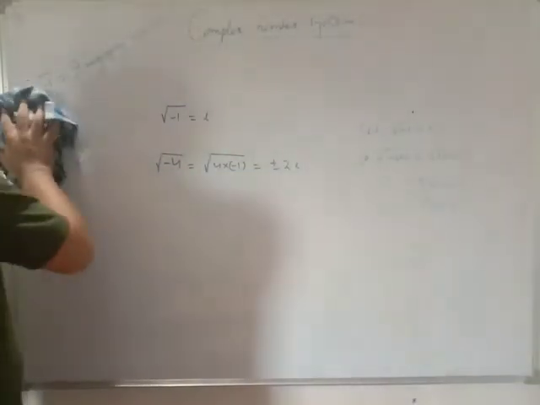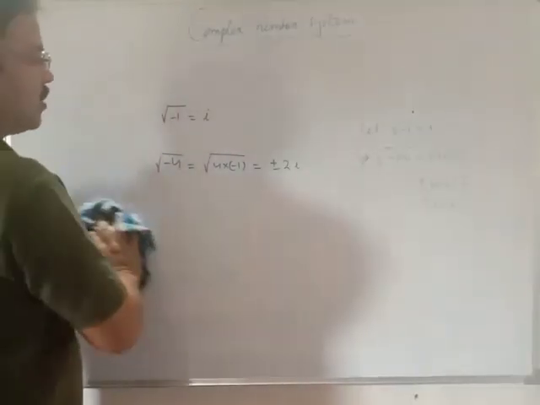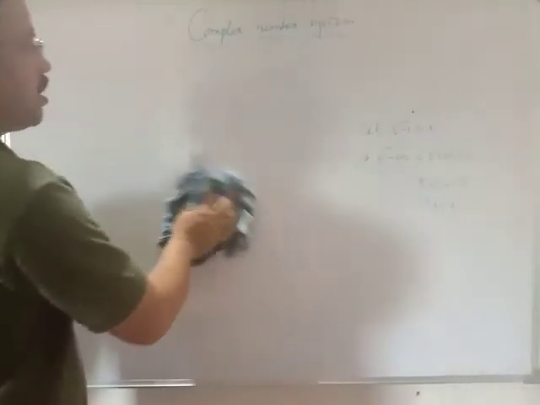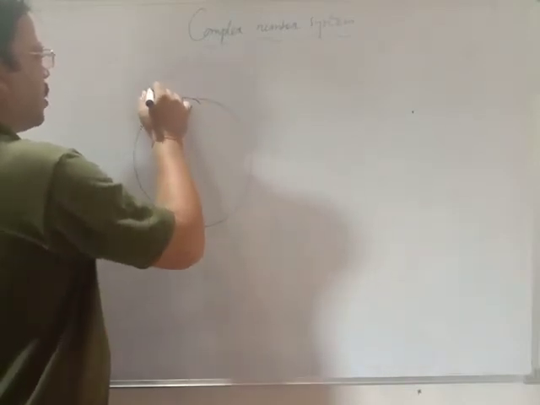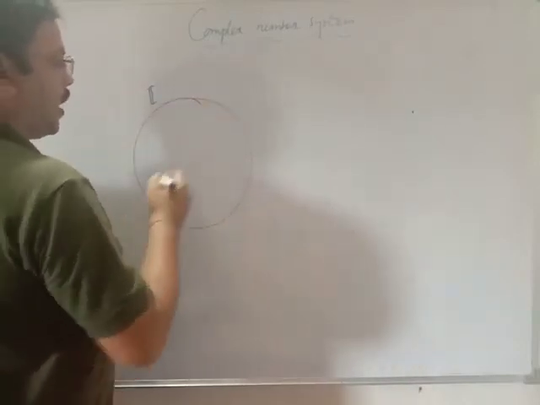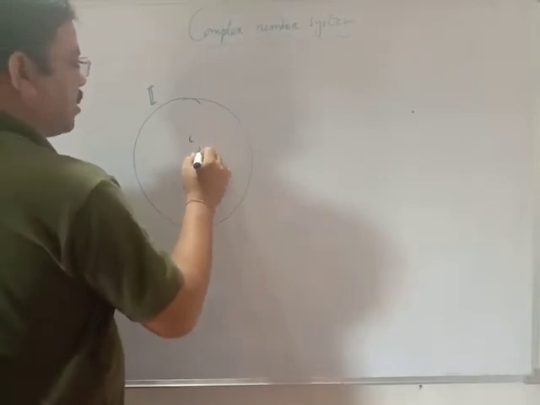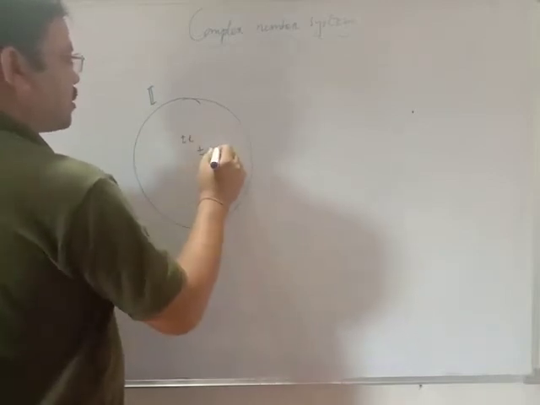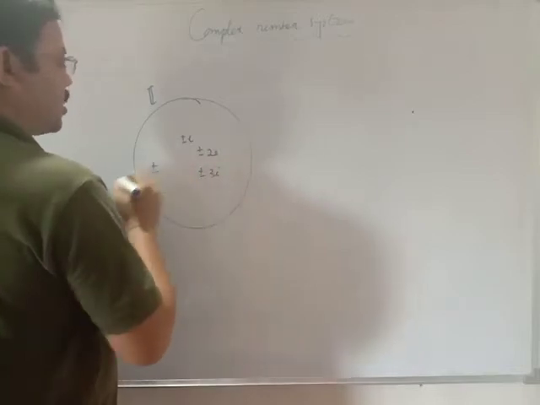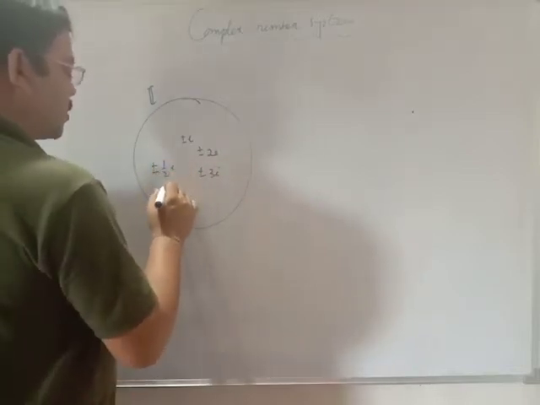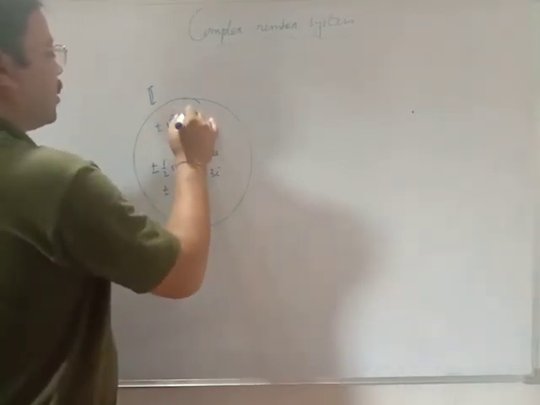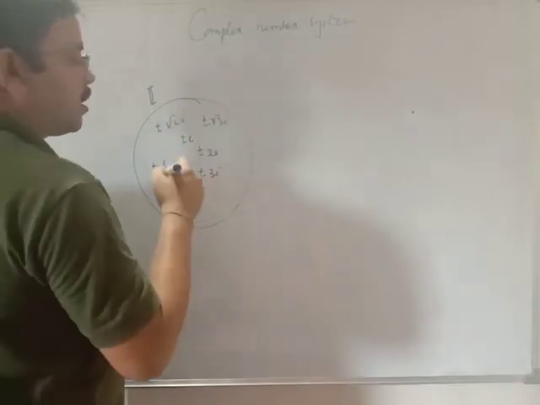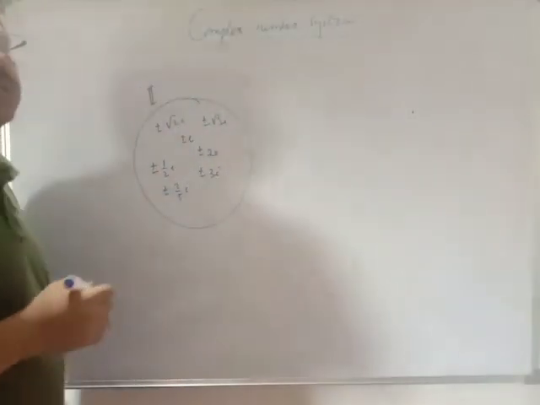So we get a new set, the set of all imaginary numbers. Suppose this is the set of all imaginary numbers, capital I. It contains I, plus minus I, plus minus 2I, plus minus 3I, plus minus 1 by 2 I, plus minus 2 by 5 I, plus minus root 2 I, every square root of negative numbers.